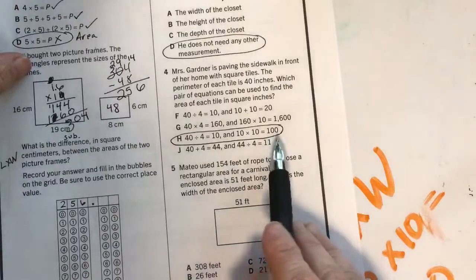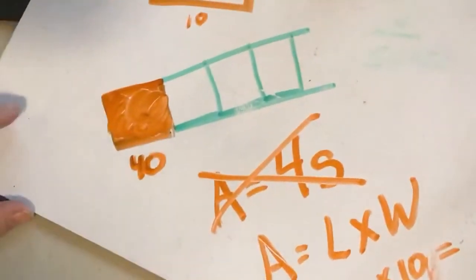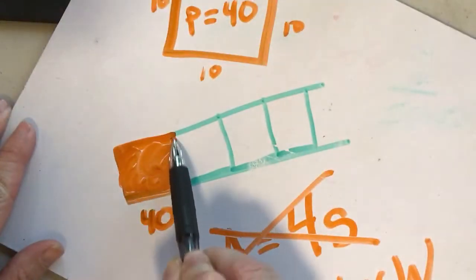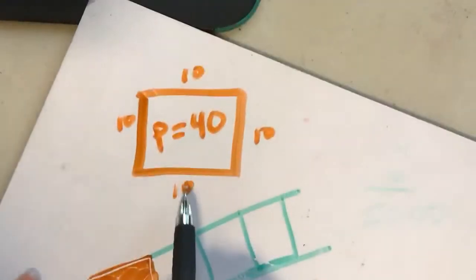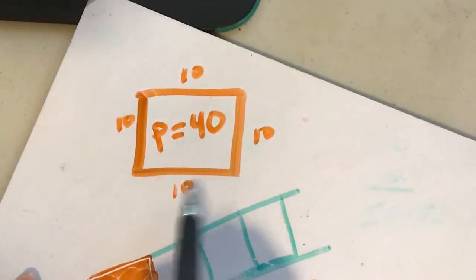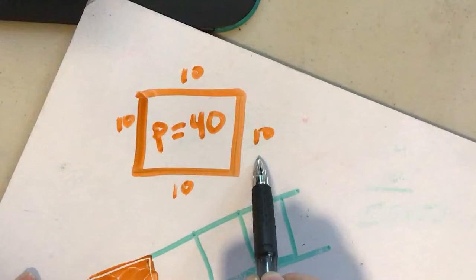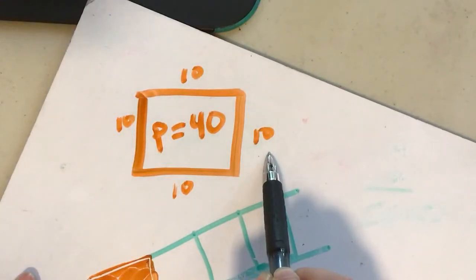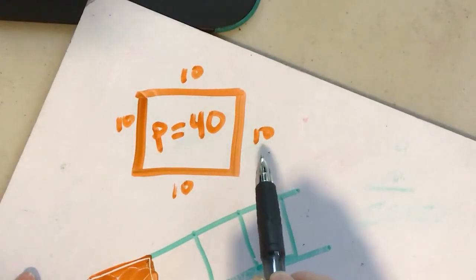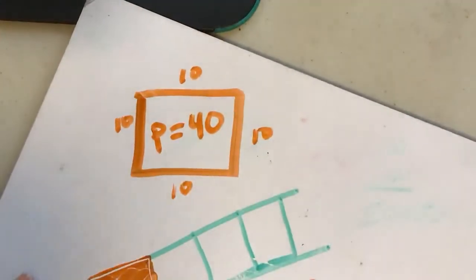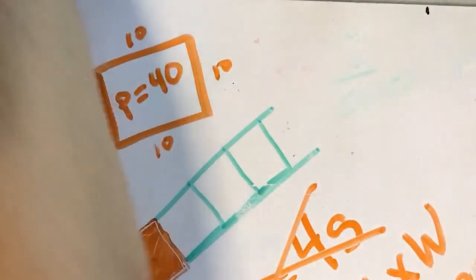So before I could figure out the area, I had to figure out if the perimeter is 40, okay? Perimeter is 40, what is each side? Oh, it has to be 10. And now that I know that since it's a square, what is the area? Length times width, 10 times 10 is 100. So a couple of steps in figuring that out. That was definitely one of those multi-step problems.